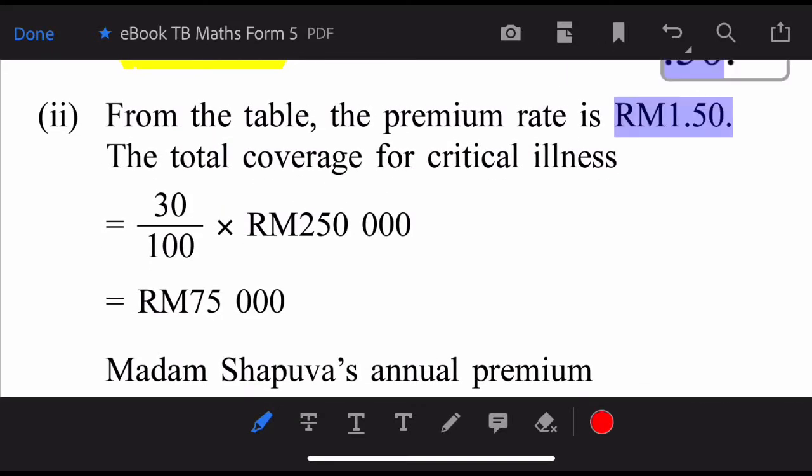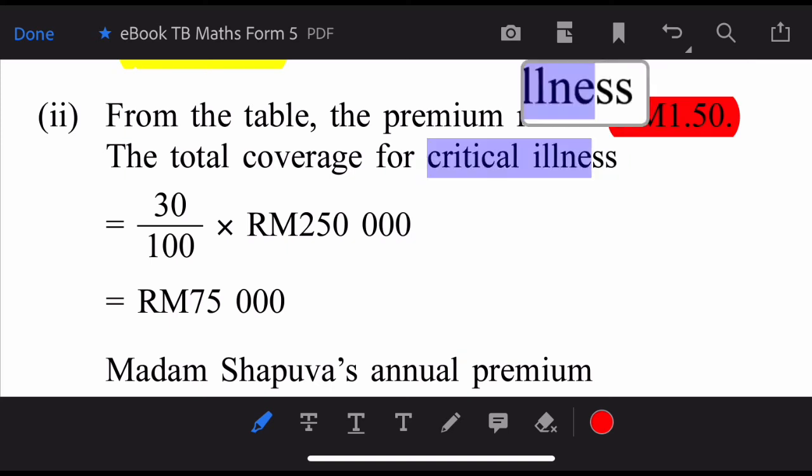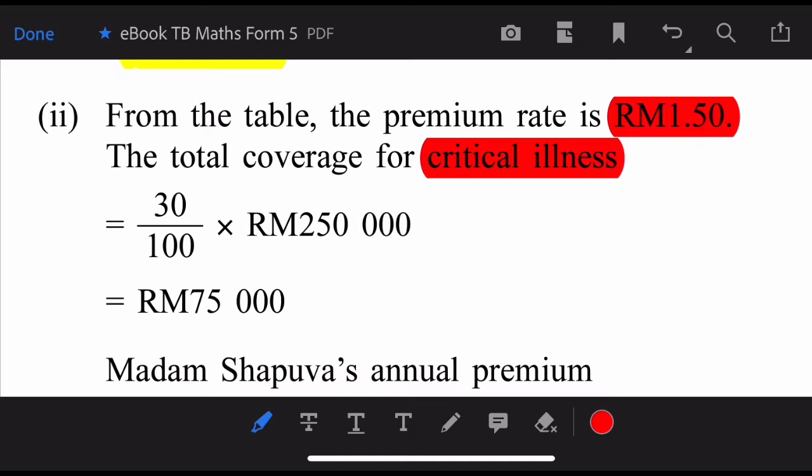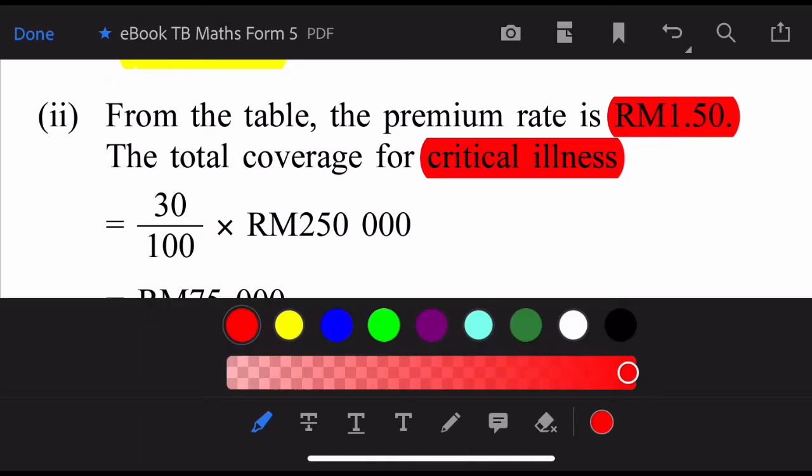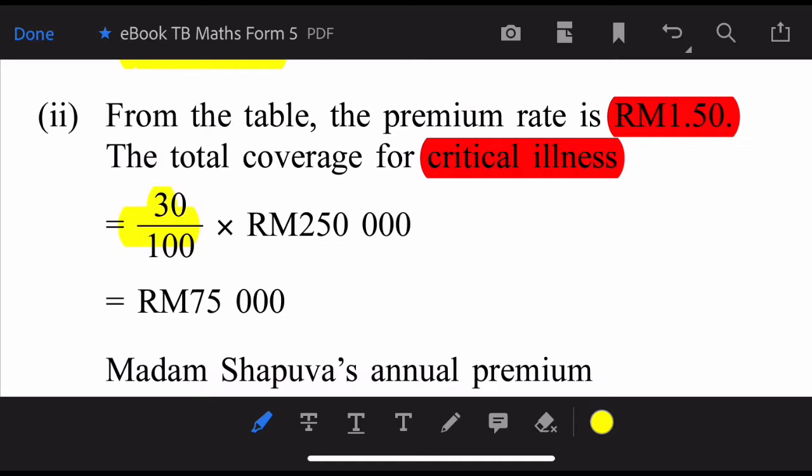So the total coverage for critical illness is 30%, right? We take 30% times 250,000, which is 75,000.